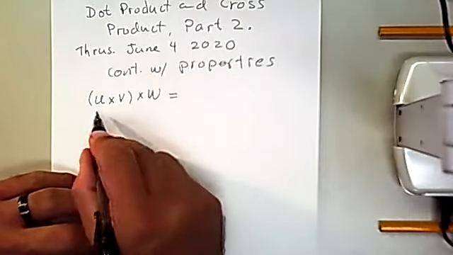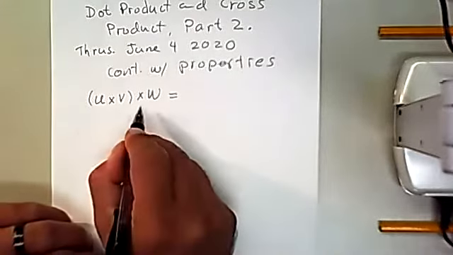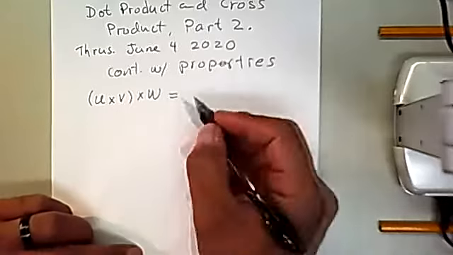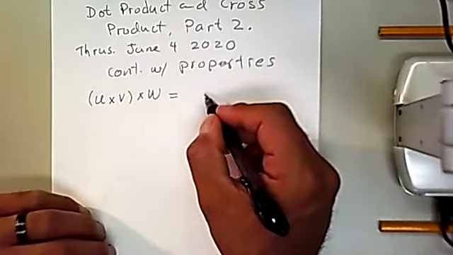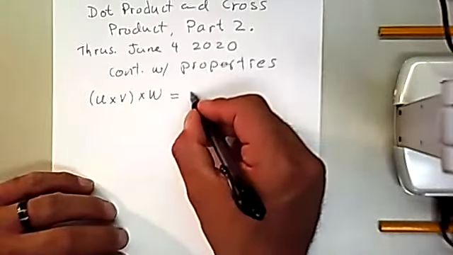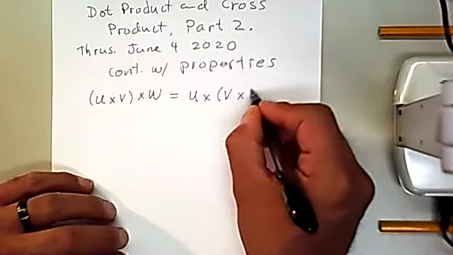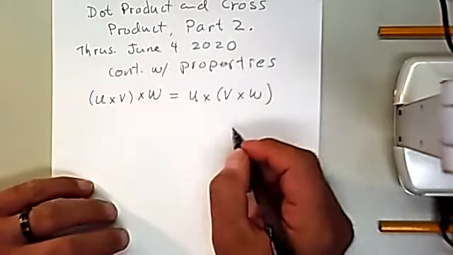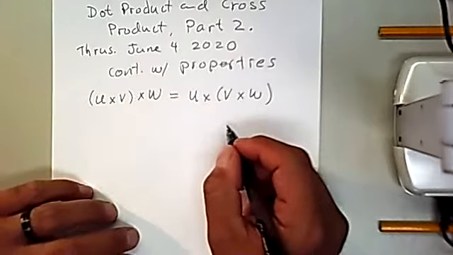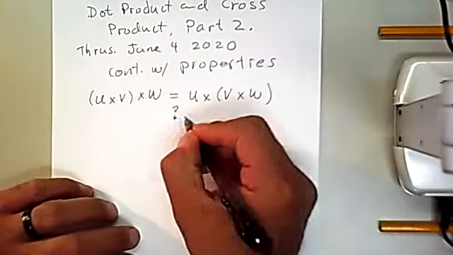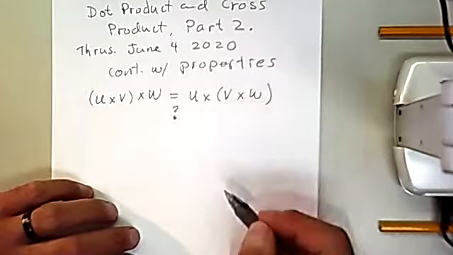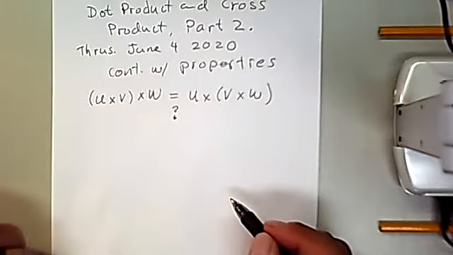And if we maintain the order of the vectors, then we can reassociate them. We can do u cross v cross w, and we can ask, are they equal or not? And the answer is no. In general, they're not equal.